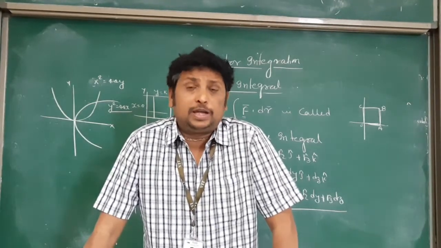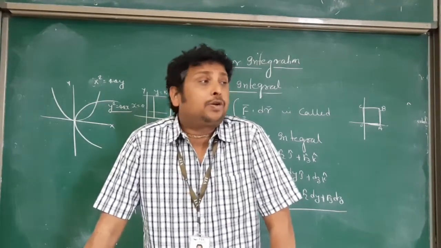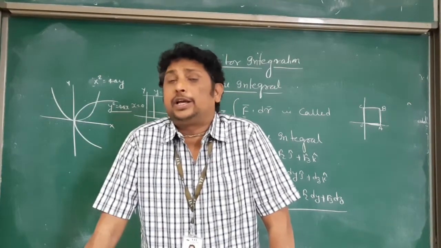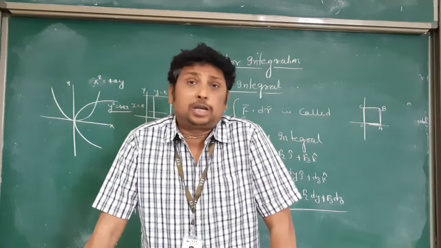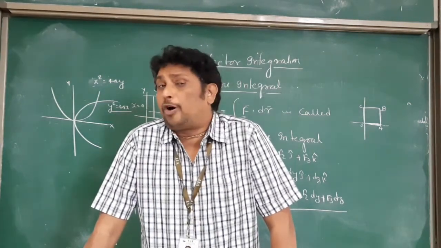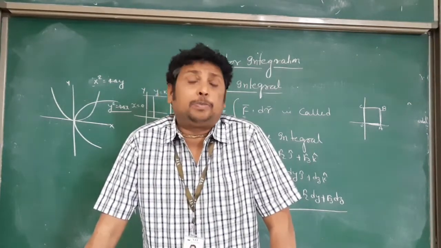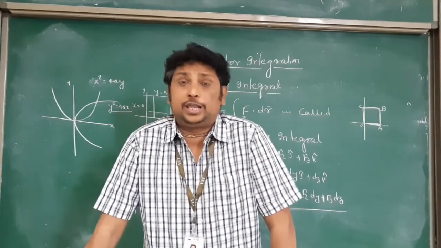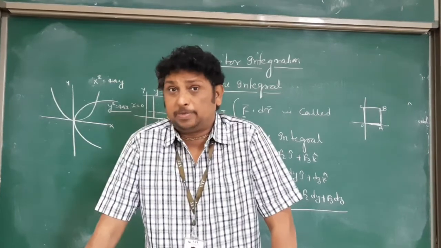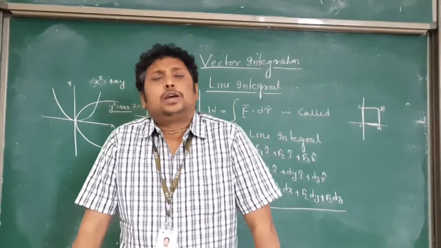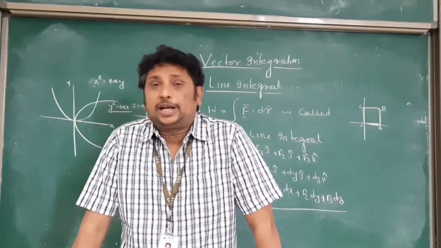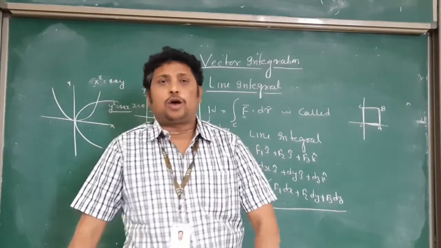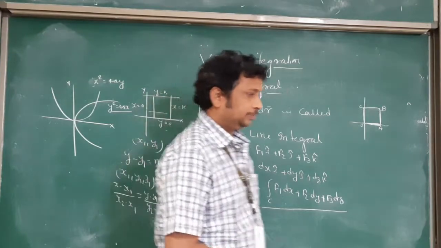If you have not watched it, please watch it, because it covers how we convert a given integration, either double or triple, into a different form. For double, how we convert into polar form, for triple, how we convert into a spherical coordinate system, and how we convert into a cylindrical coordinate system. So please watch that one also. Now I am going to do one question.